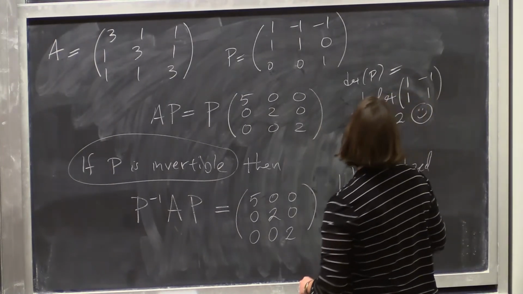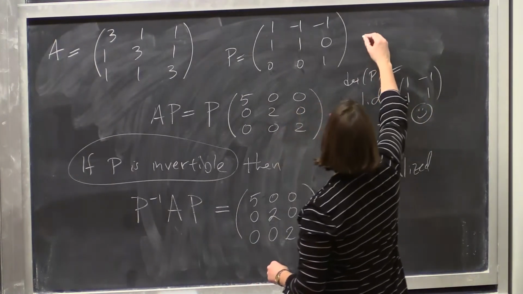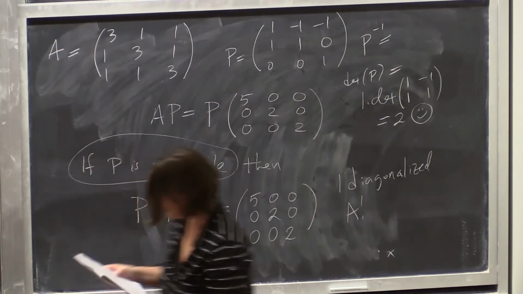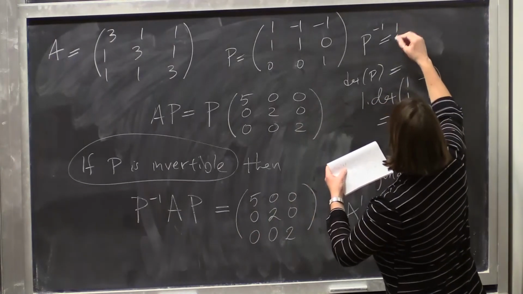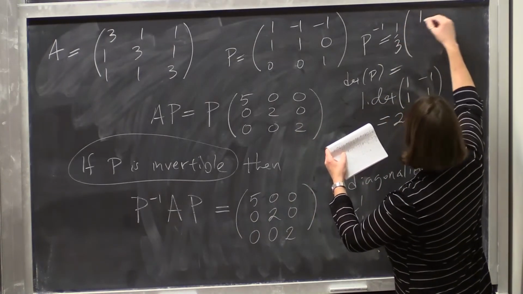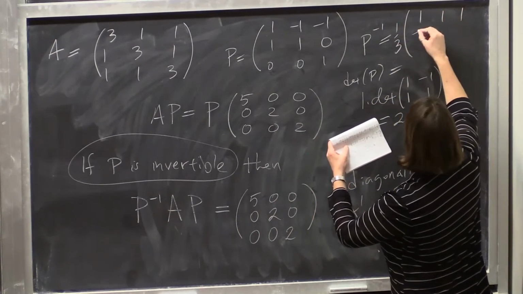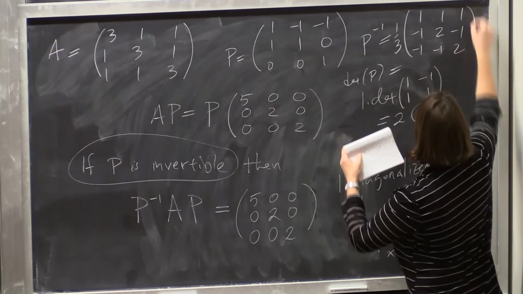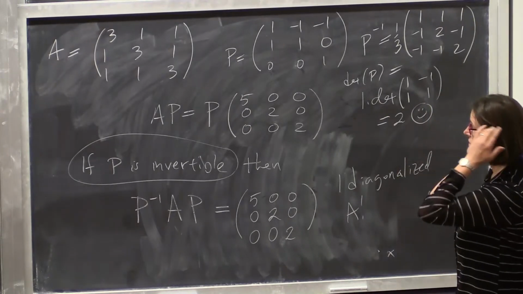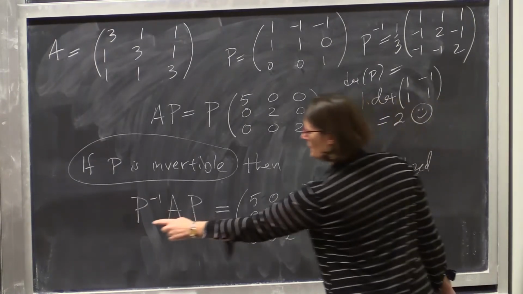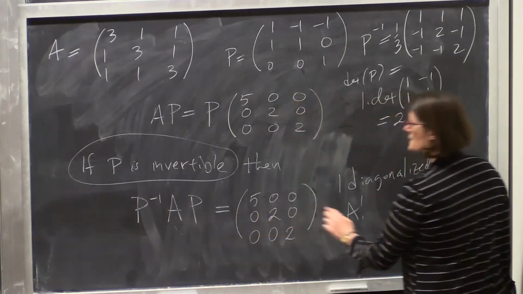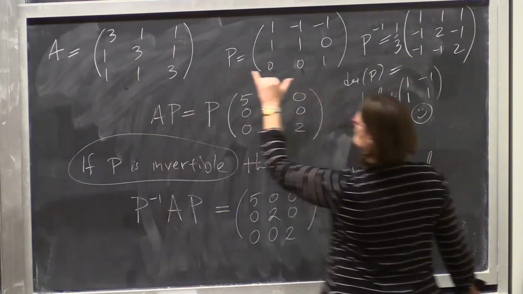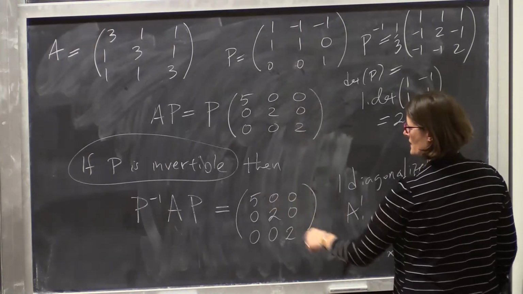And in fact, the inverse of this particular P, I computed, and it is 1/3, 1, 1, 1, minus 1, 2, minus 1, minus 1, minus 1, 2. And you can check in the privacy of your own home that P inverse times A times P really is diagonal. This matrix times this matrix times this matrix really is that matrix.